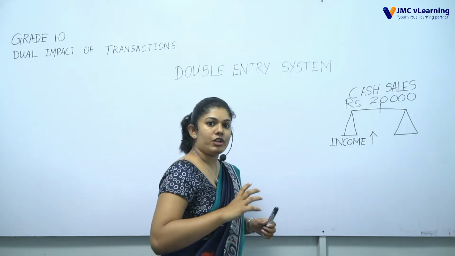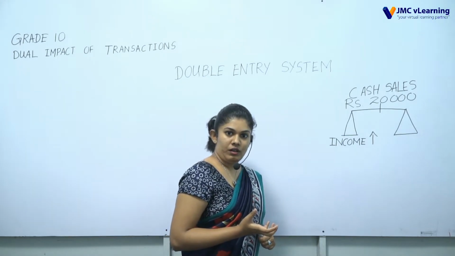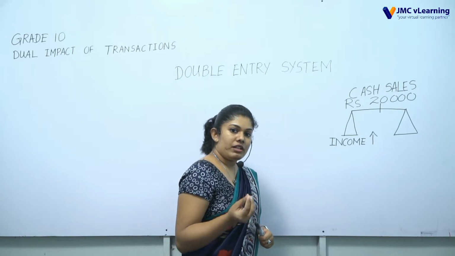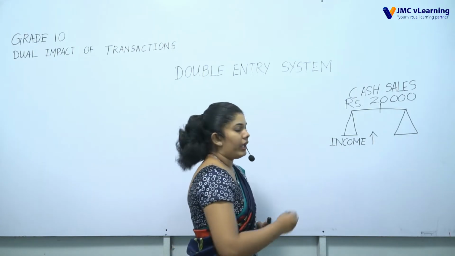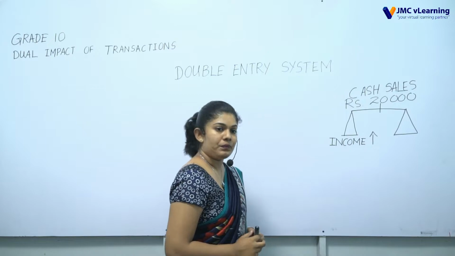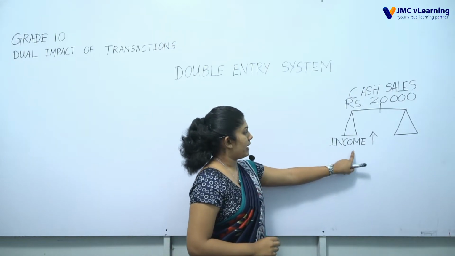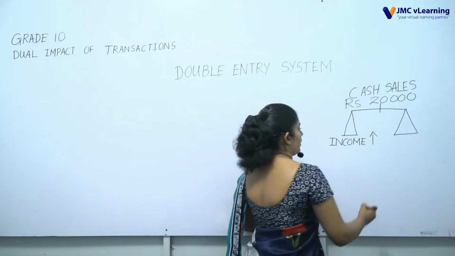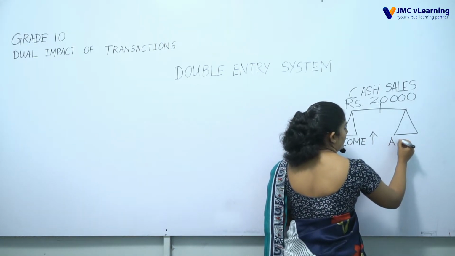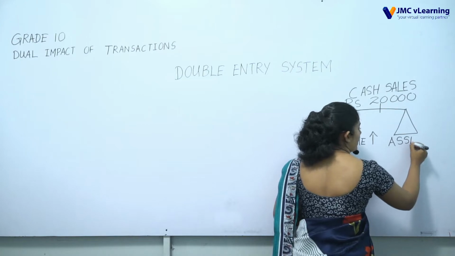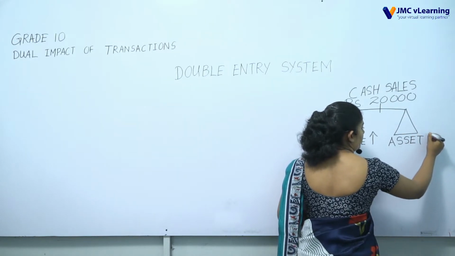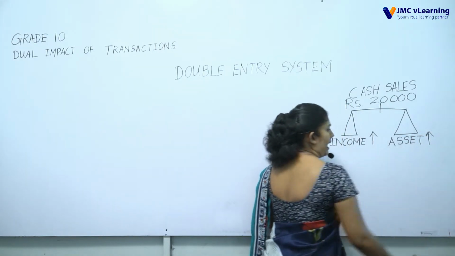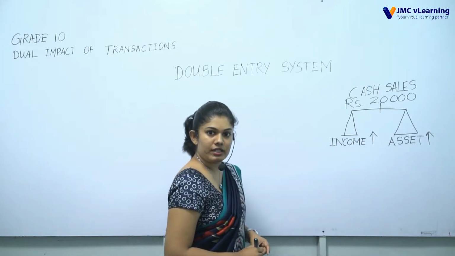Now, I told you there are two impacts of this transaction. The first entry is income increasing. The other entry is assets increasing. The type of asset is cash. Cash asset is increasing.